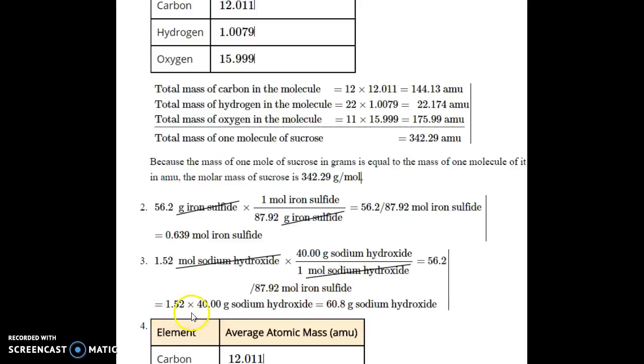What you did was 1.52 times 40, which gives you an answer of 60.8 grams. And if you're supposed to write it to hundredths, you would write 60.80 grams. So here's your correct answer. My recording device is not letting me back up and change my recording, so sorry about that little bit of confusion there with the 56.2.